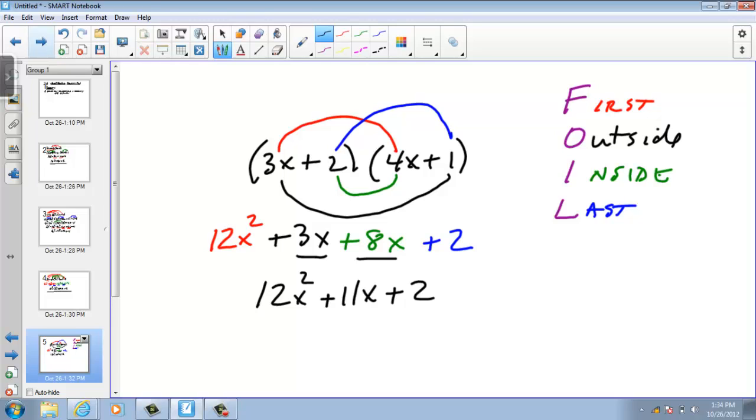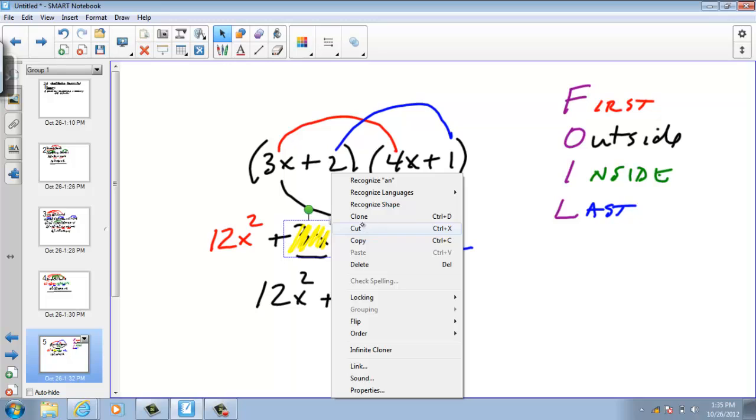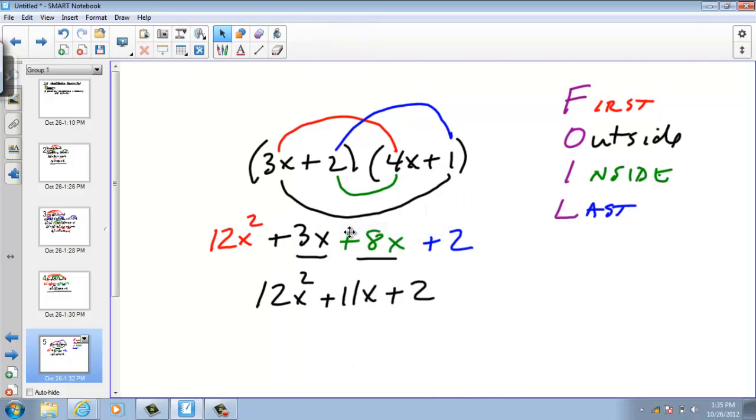The thing is, when you multiply binomials like this, most of the time, the outside and the inside terms, the product of the outside terms and the product of the inside terms, will be like terms, and you can combine them.